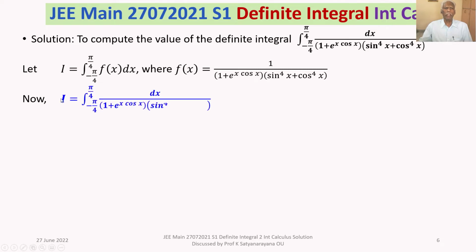Now, I is equal to the integral from minus pi by 4 to pi by 4 of f(x) dx. Call it equation 1.